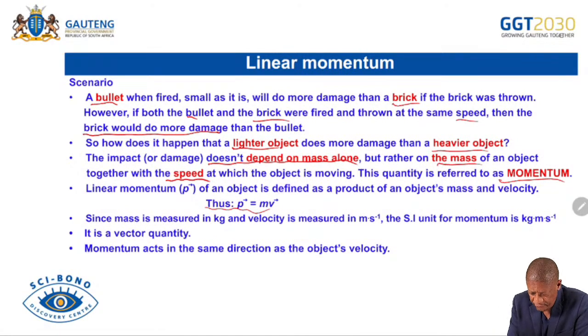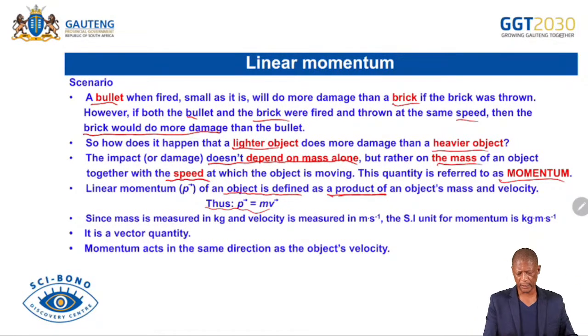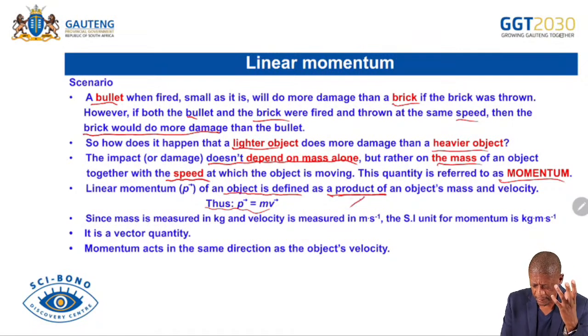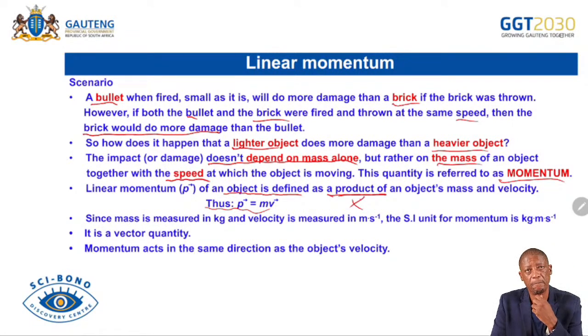This is the definition. Momentum is defined as a product. In mathematics, when we talk about products, what comes to our mind is multiplication. So it's a product of an object's mass and velocity.